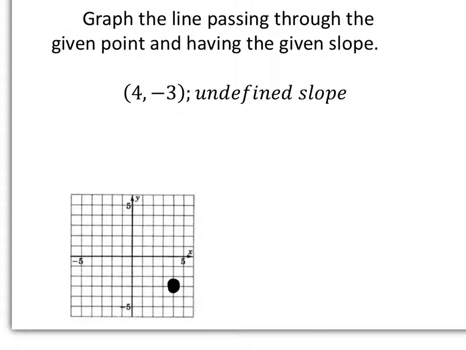And the line is vertical, so we just draw the line along the axis where x equals 4. And that is the end of the Exam 1 review for Math 310.